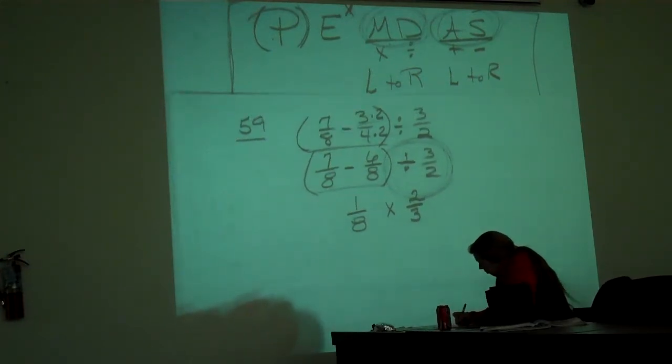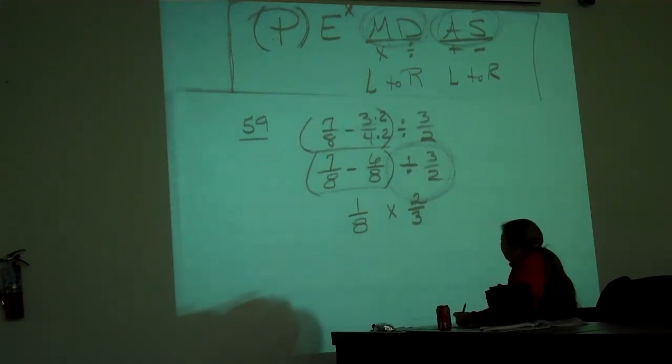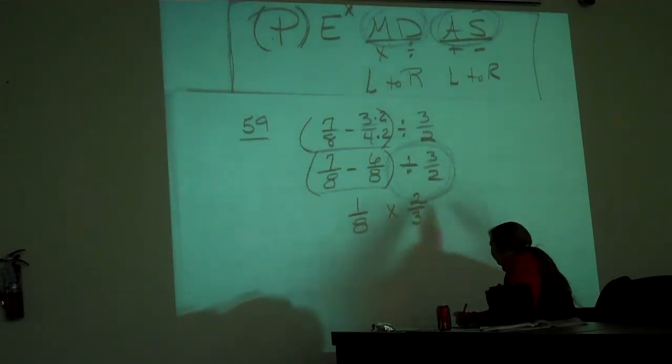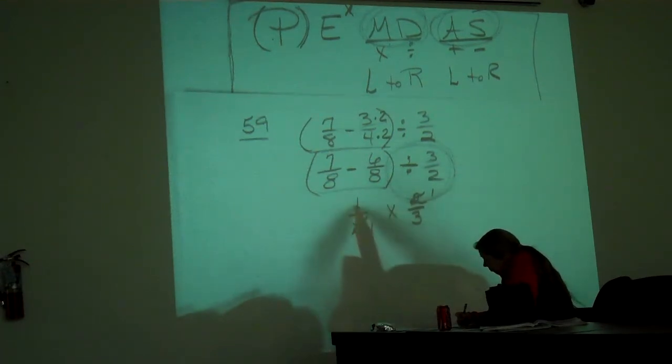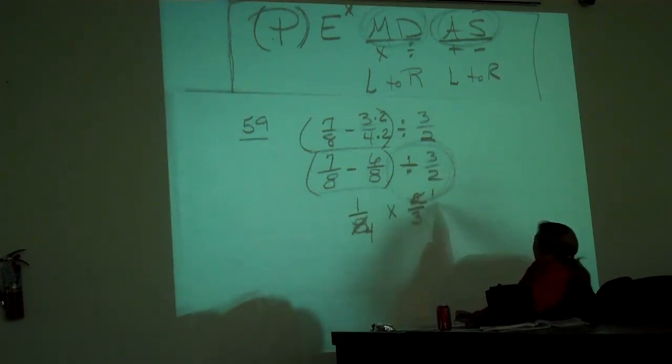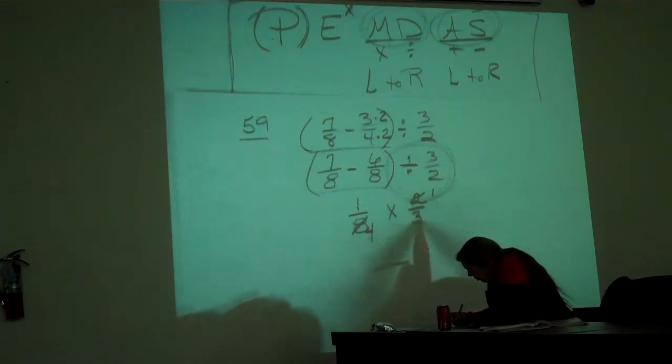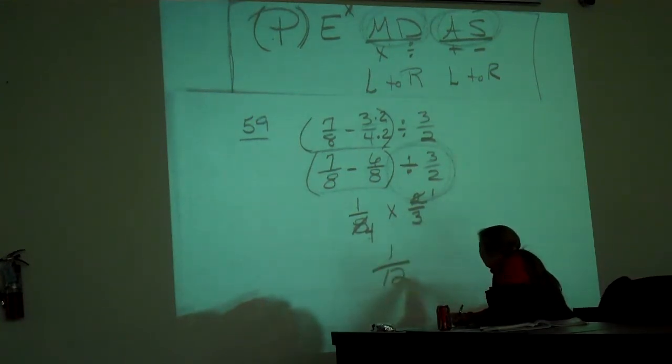Okay, can we do any dividing before we multiply here? Yeah, the 2 and the 8 we can divide by 2. 1 times 1, 1, 4 times 3, 12. One answer on the bottom.